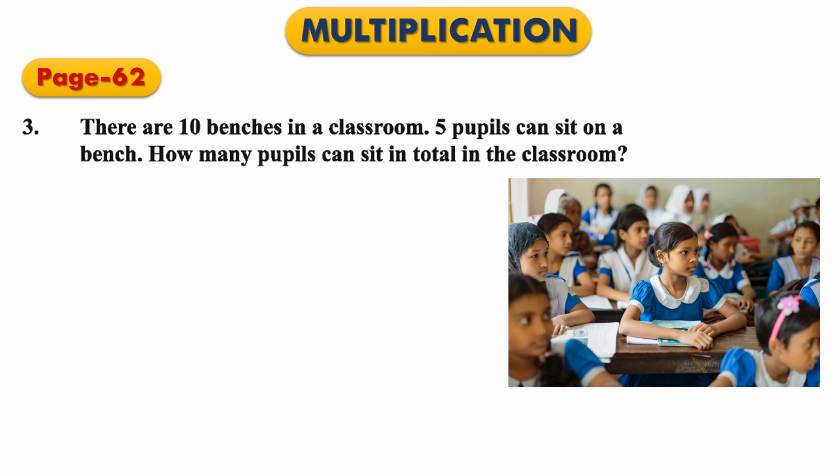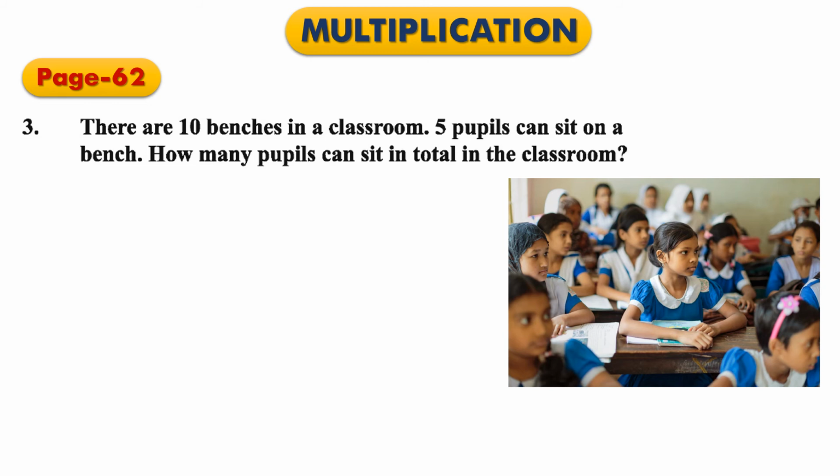Well, in our math there are 5 pupils in a bench, and in the total classroom we have 10 benches. That means the number of objects is here 5 and the number of groups here is 10.